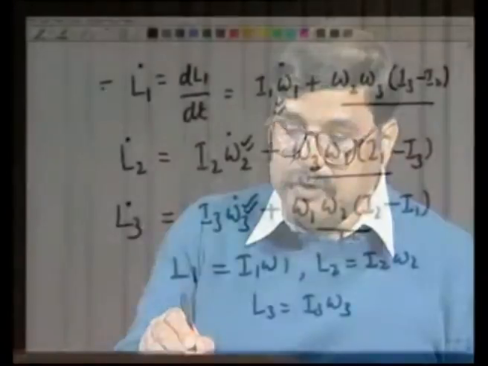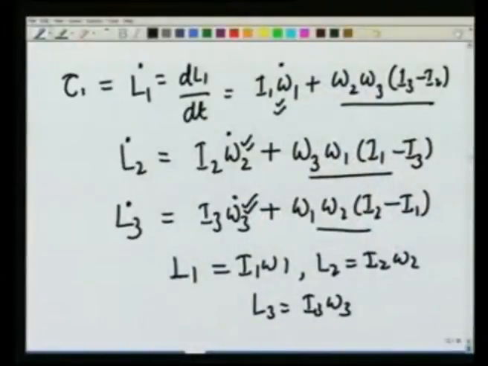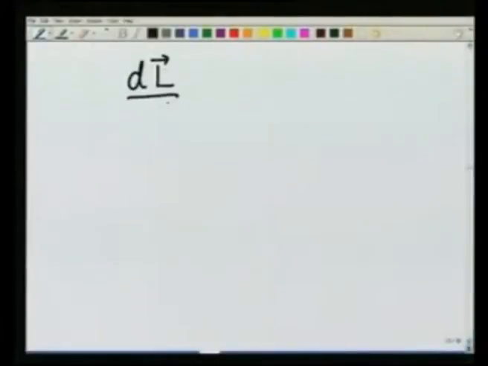This obviously then must be equal to the component of torque along principal axis 1, this must be component of torque along principal axis 2, and this must be component of torque along principal axis 3. These equations are nothing but writing dL over dt is equal to tau by taking components along the principal axis of the body.